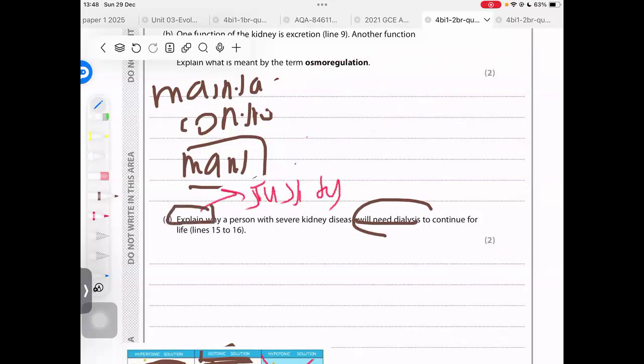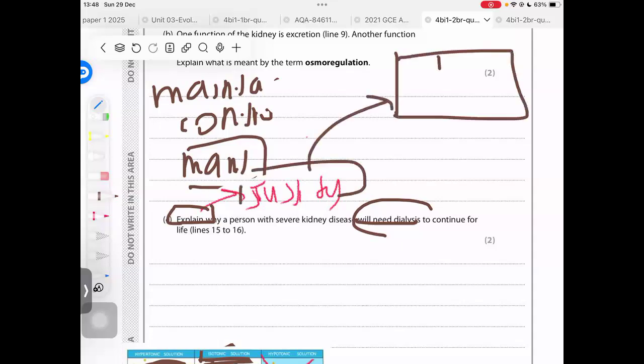But there are some scenarios where the word explain asks you to take the data given in the tables or graphs. In such cases, explain means you have to use that data. But here, since you don't have any data, you have to use your knowledge and explain. So basically, you can say the body produces toxins.